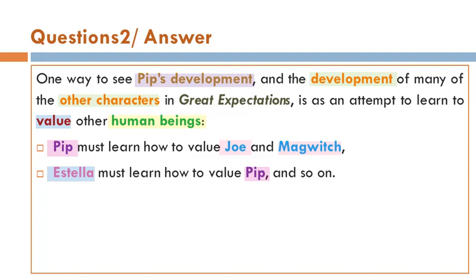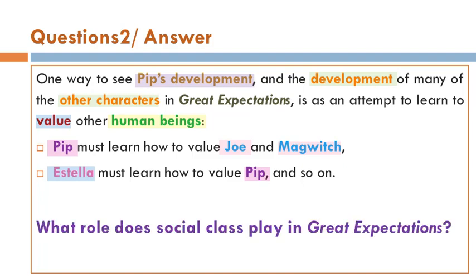So the important question here is, how do people in Great Expectations value each other? On what basis? And what does social class have to do with such valuation? So, what role does social class play in Great Expectations? See the next diagram.